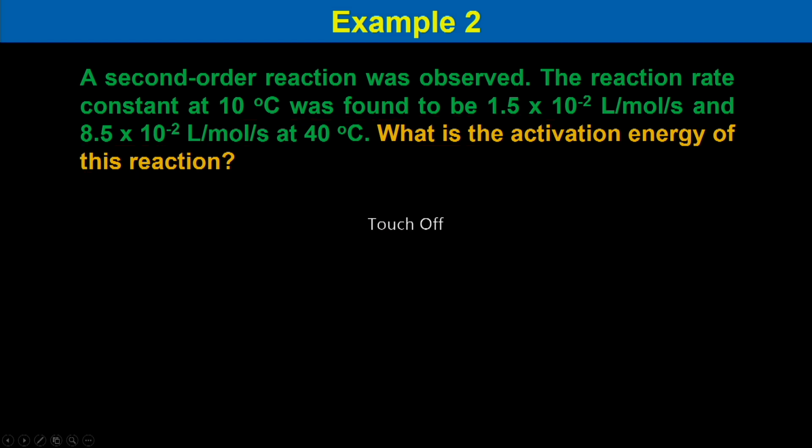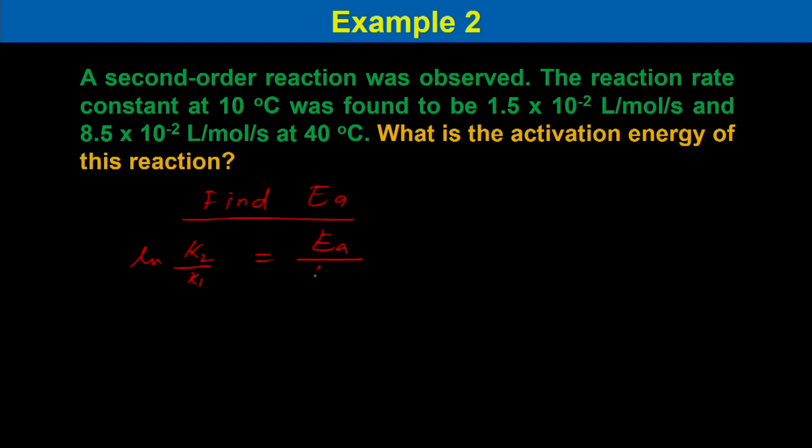Now, we need to find the activation energy. To do that, use the equation ln(k2/k1) = (Ea/R) × (1/T1 - 1/T2).